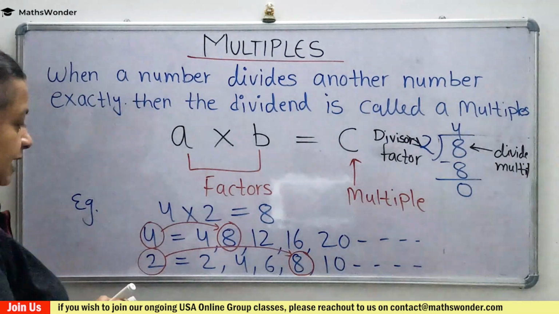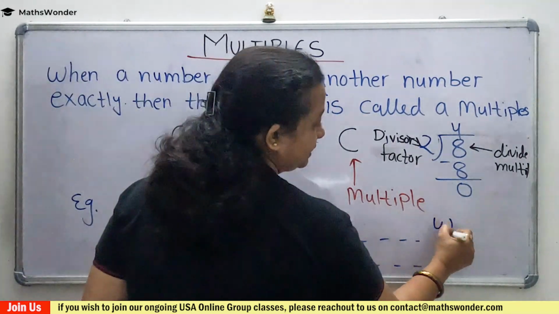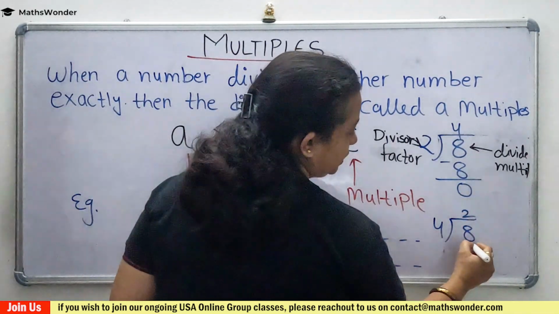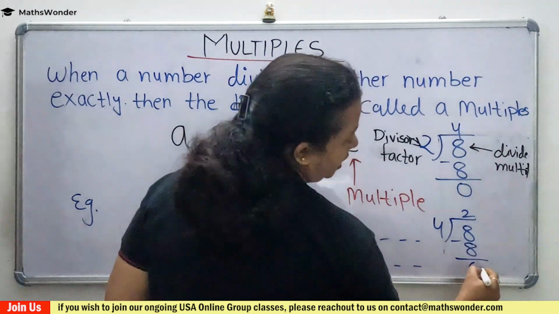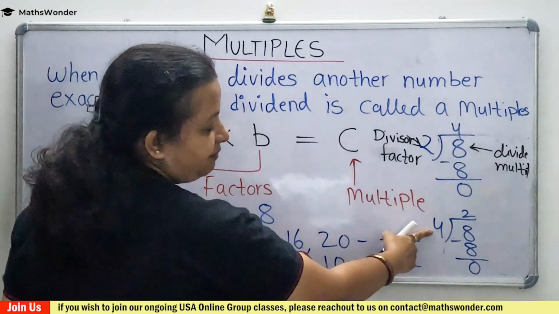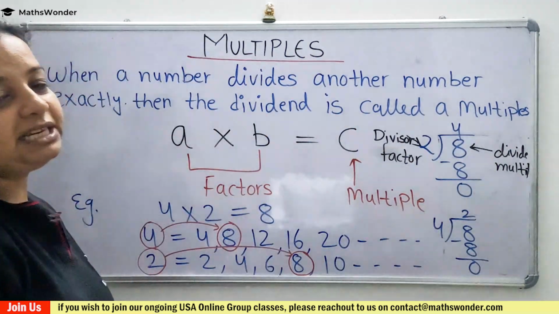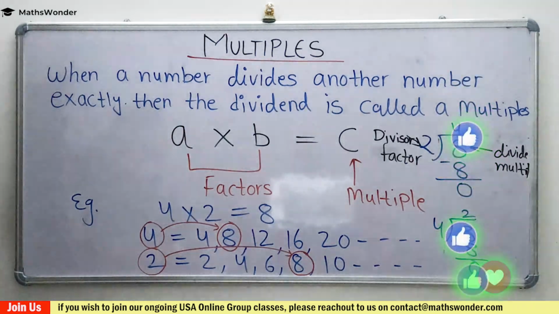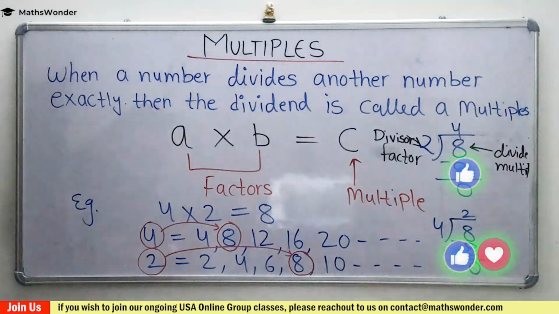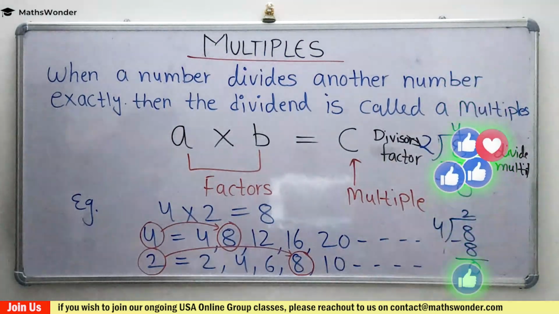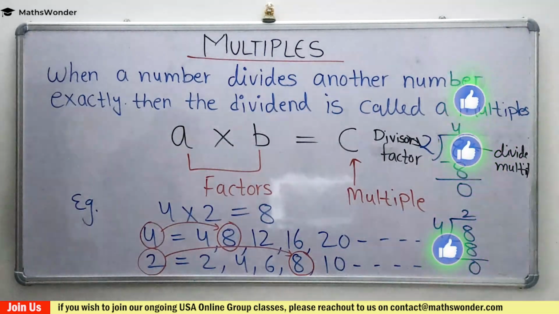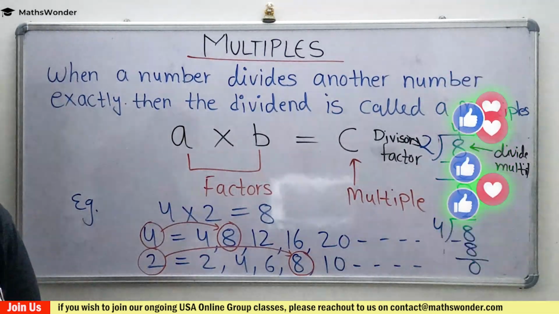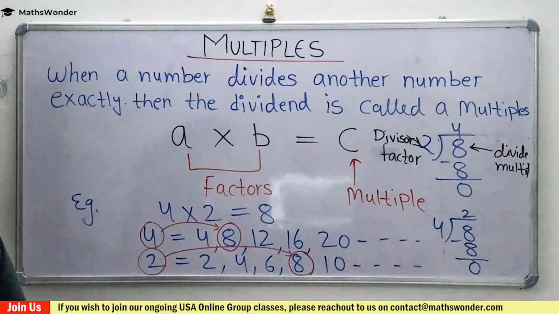Same, if you divide 8 by 4, then we'll get 2. So this is the divisor factor and this is the dividend multiple. Understood? Any confusion here? No. We'll do many questions and then you will understand perfectly what this actually is.